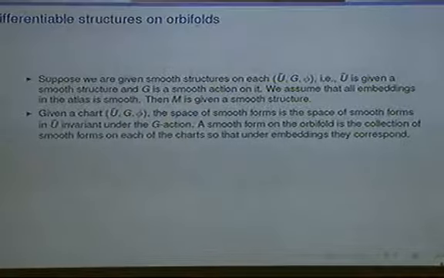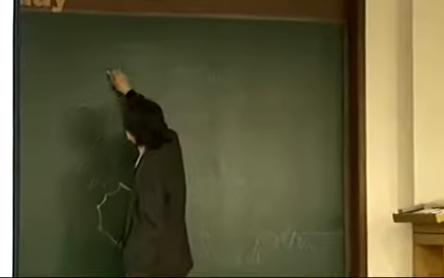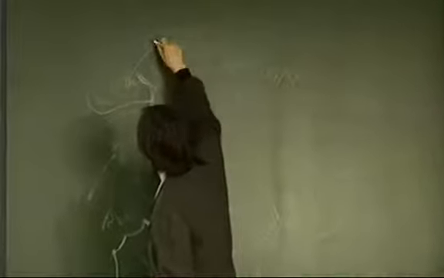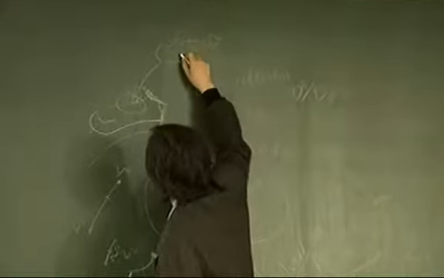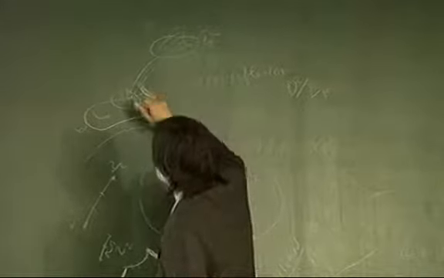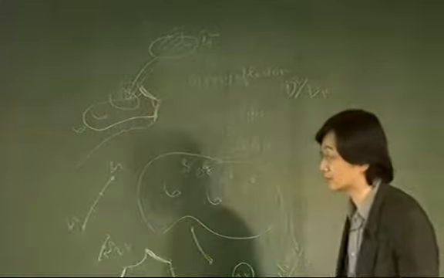Okay, and now you can define smooth forms, one form, two form, all the way up to any dimension. If you want to define some smooth form on this open set, then you have to cover it by some orbifold covering, and any smooth form here is just one that lives here but maps under this quotient map.